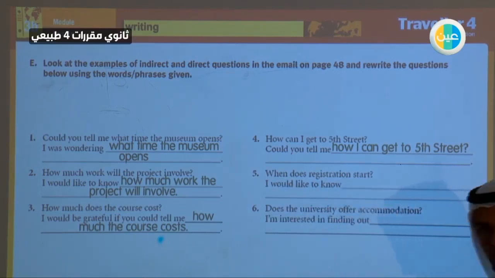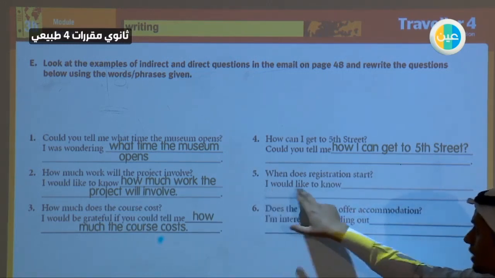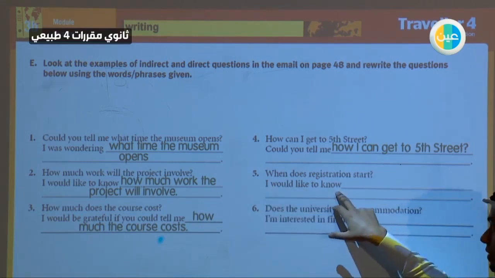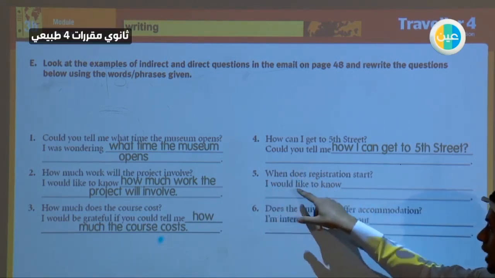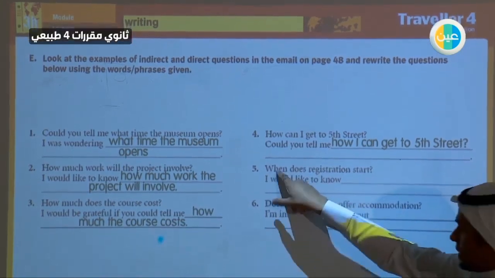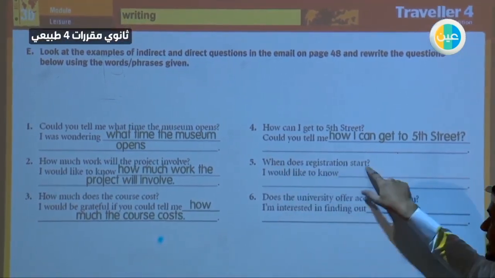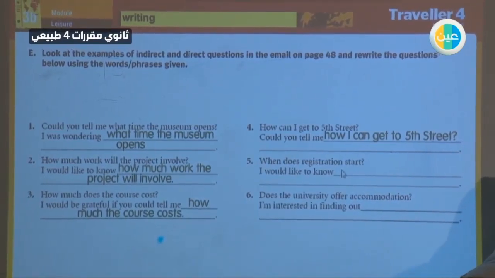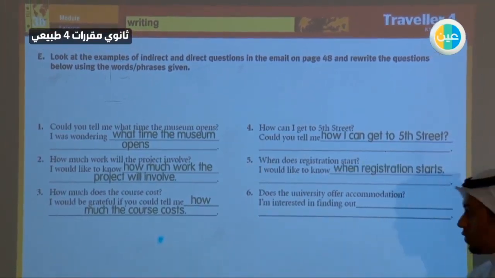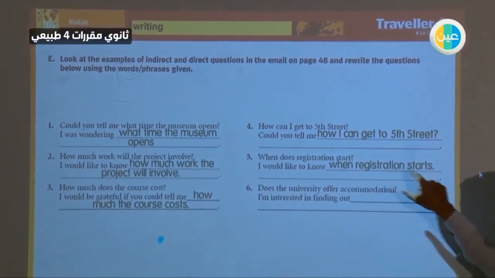I am going to register for the course, but when does it start? So I would like to know, the same as in the beginning. We don't include does. I would like to know when registration starts. We add s for the verb.